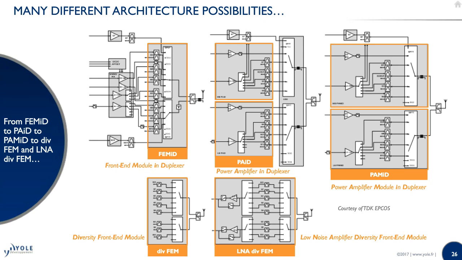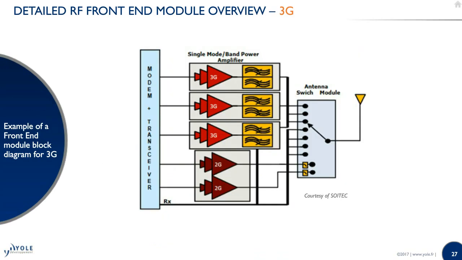So to make it very simple, if we look at a schematic diagram of a 3G module, you would have one antenna doing the transmission and reception, some switches helping you to select your RF path or your RF line. Then you see the various power amplifiers. And all this is related to the transceiver to do the analog to digital conversion and the modem to really treat your information.